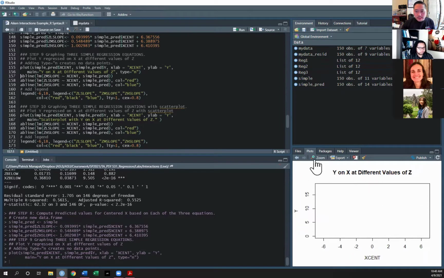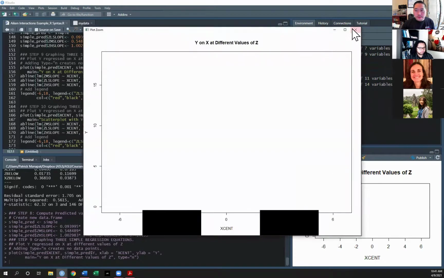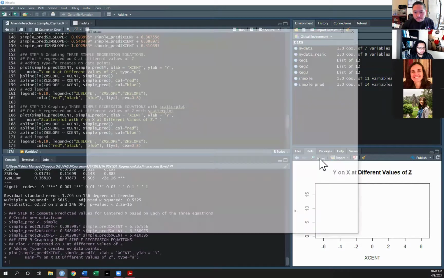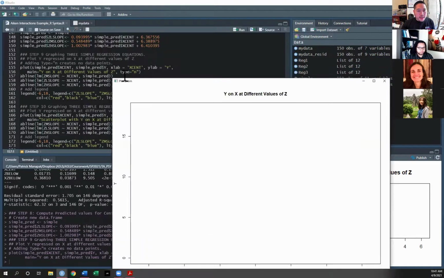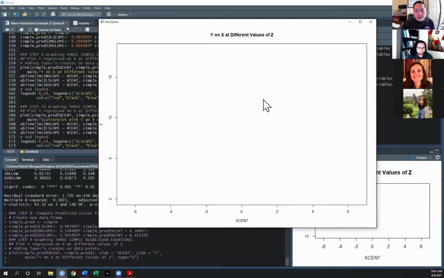This is our base plot. The reason I use type equals, in quotes, N is so that there are no points on the scatter plot. I want it to be blank.